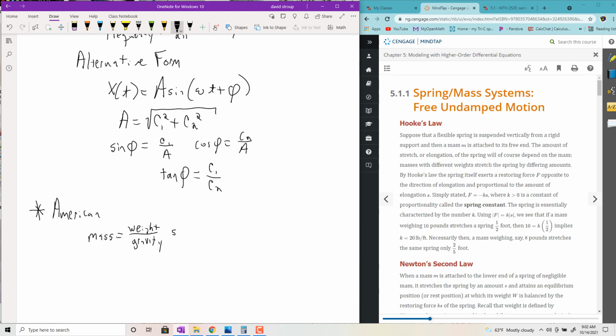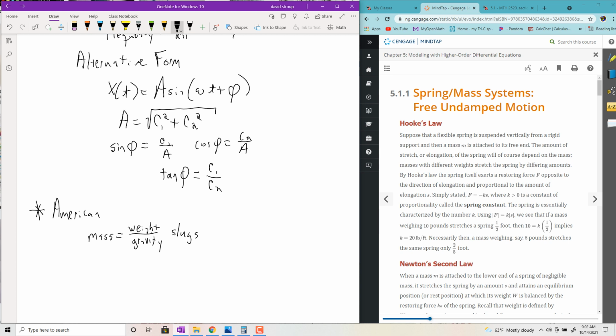And that unit is going to be slugs. Okay. For the metric system, the units are just going to be newtons and meters. But for us, mass is slugs, but everything else is feet and pounds. Okay. So you're going to need that object.